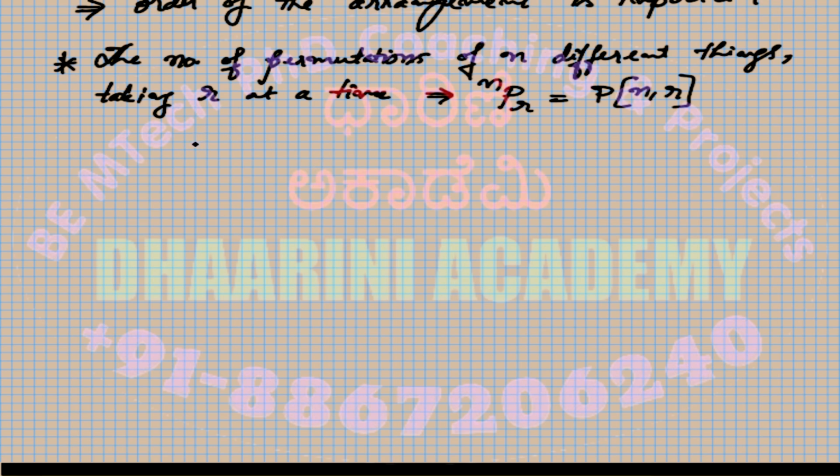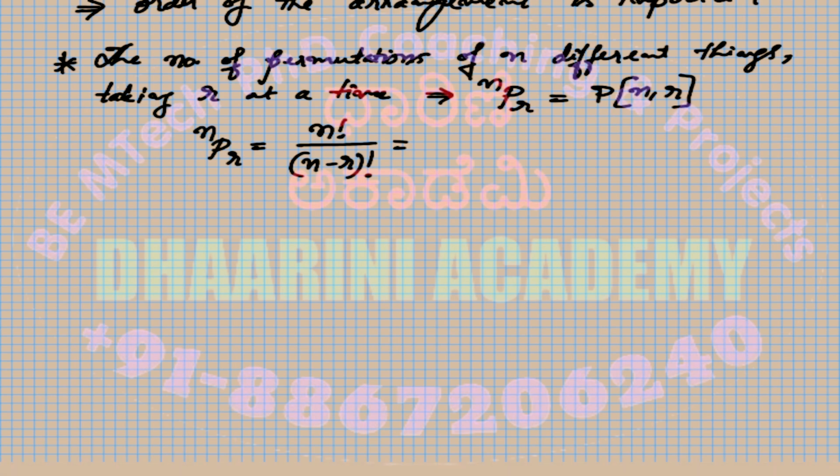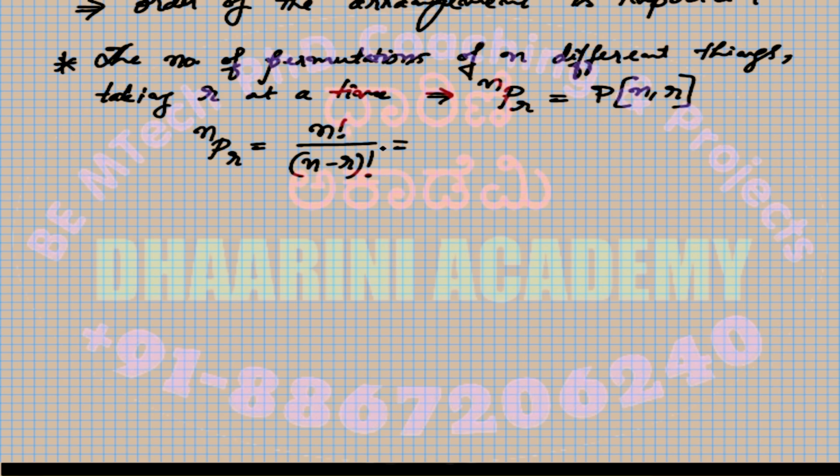So what is the calculation? How do you represent that? So this is the most preferred one. nPr is equal to n factorial divided by (n minus r) factorial. If I have a term like this, you can refer to the properties of the representation of factorial, and we have an answer here.